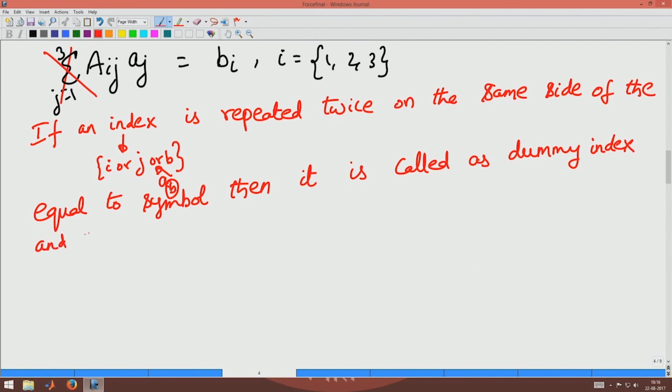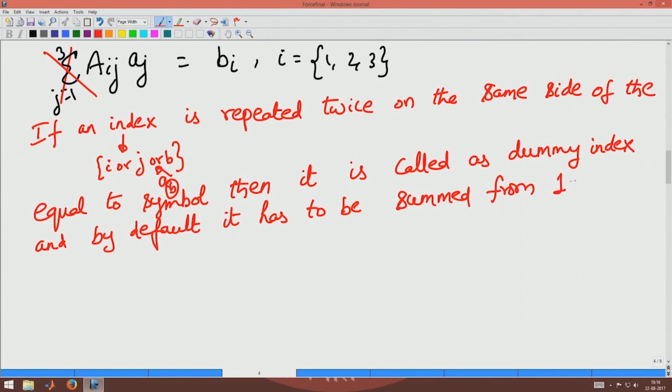And by default it has to be summed from 1 to 3. Okay. In contrast, this index i, which appears on either side of the equal to sign, is called a free index.